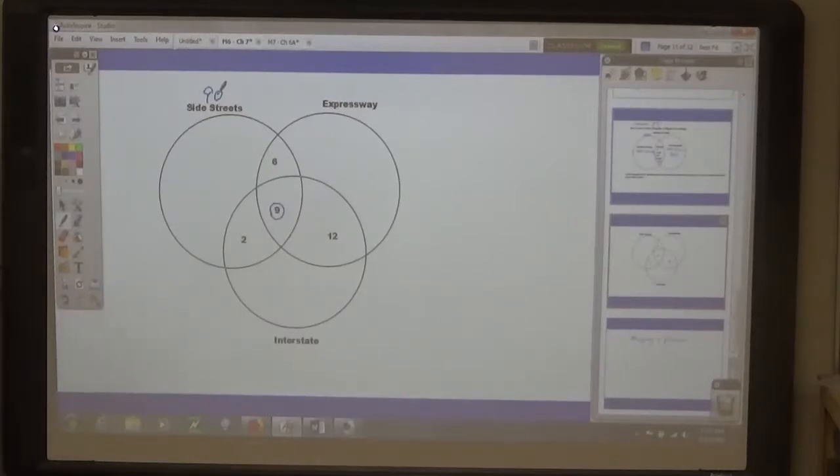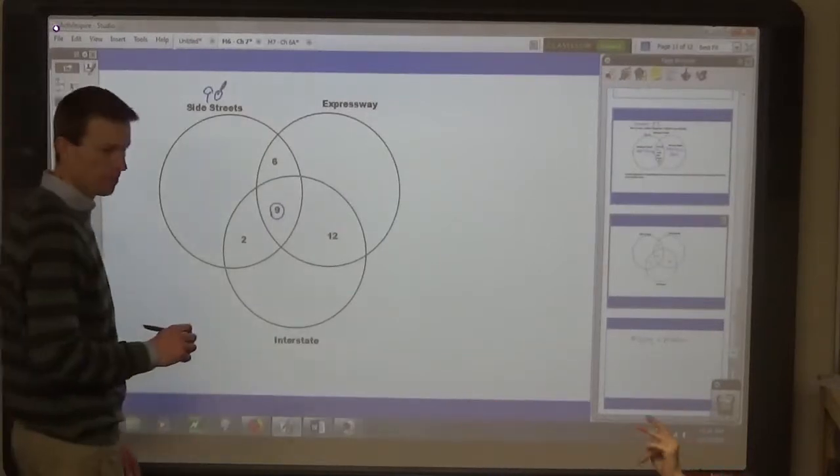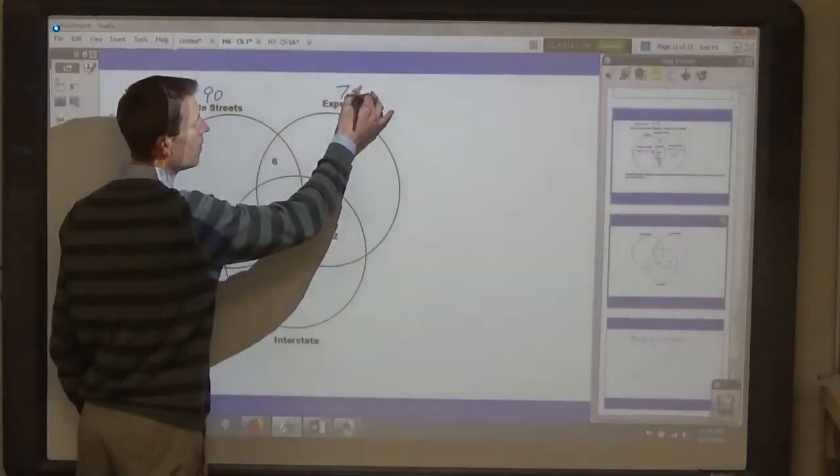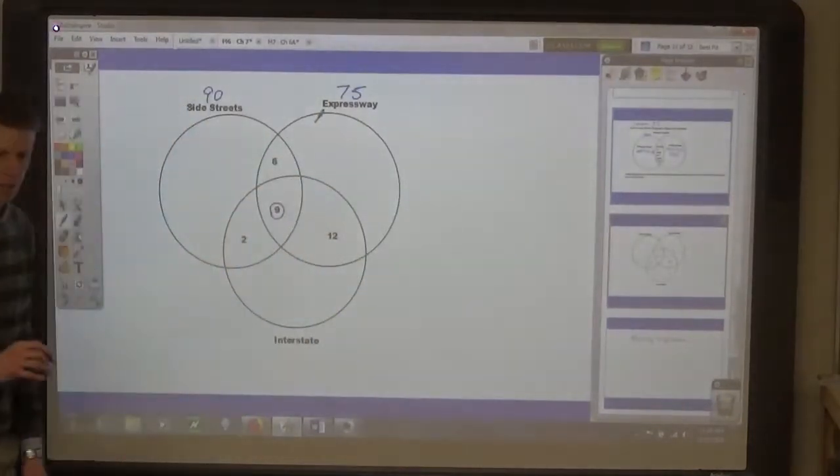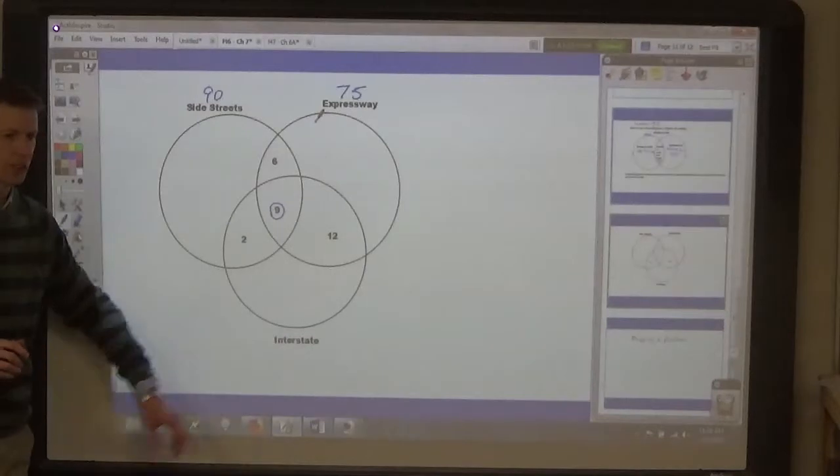How many use the expressway? Look back again and see. Megan? 75. So 75 total in this circle. And how many use the interstate?